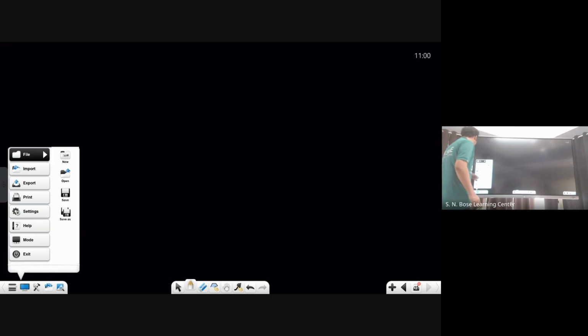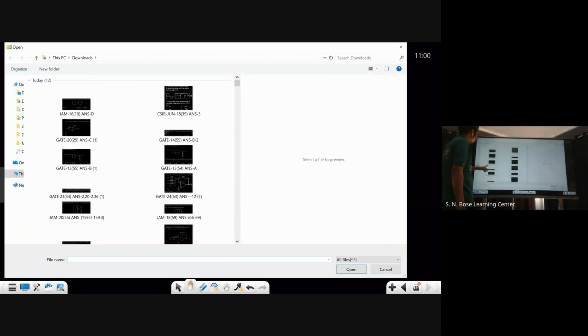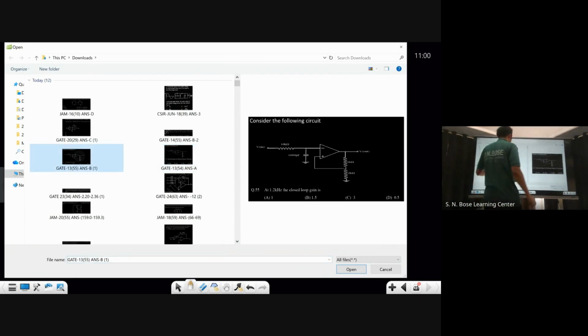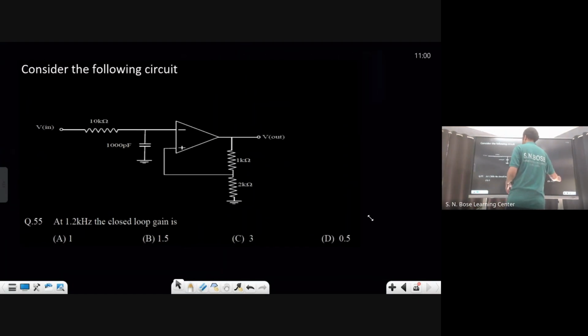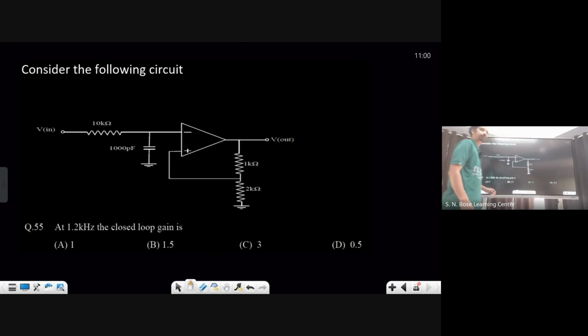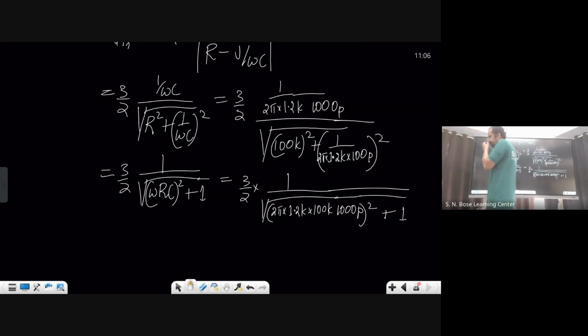Earlier they used to ask 2 questions on one input. So this is the second question. At 1.2 kilohertz, what is the closed loop gain? I should not have done this much.